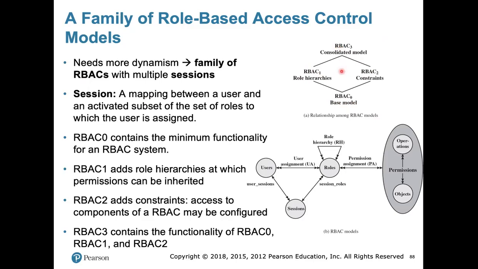RBAC 0 is the base model, and it contains the minimum functionality. We have 4 different role-based access mechanisms, and together they form a family that governs the access control in our system.